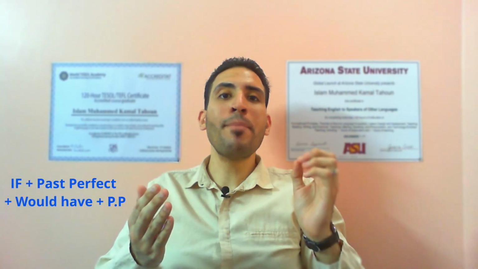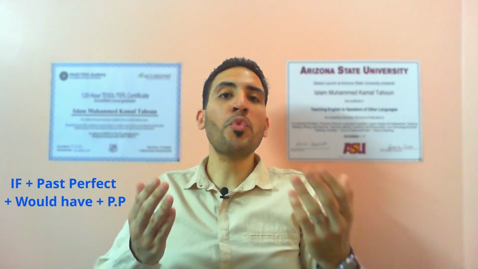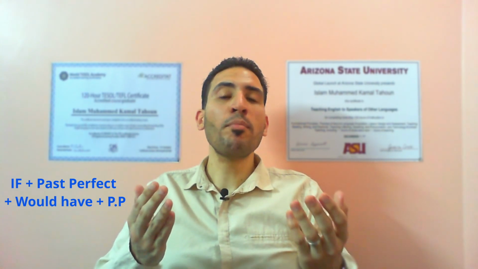For example, if I had played football with my friend, I would have been injured and I would have been in the hospital. Another example, if you had started your lesson plan yesterday, you would have understood this lesson by now. And when we use the 3rd conditional, we put in if plus past perfect plus would plus have plus past participle.